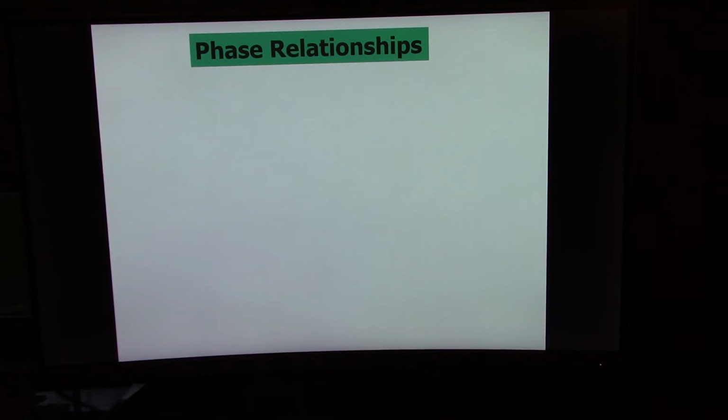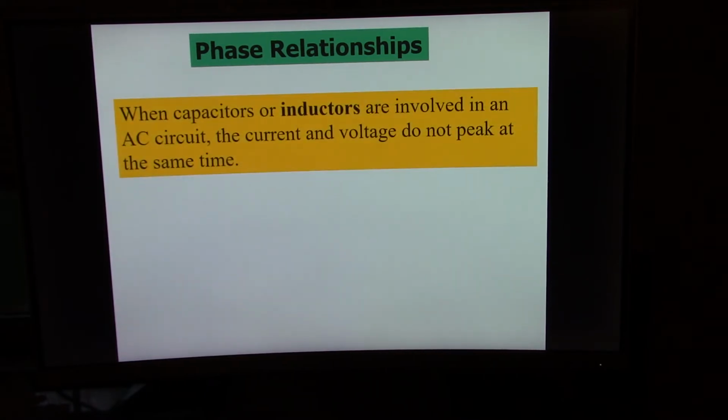So when we were talking about DC, we never talked about a phase relationship, but with AC or with inductors, there is a phase relationship. So we are talking about inductors in this case, but the next device we are going to be talking about is capacitors. They also have a thing called a phase relationship where the voltage and the current don't follow each other.